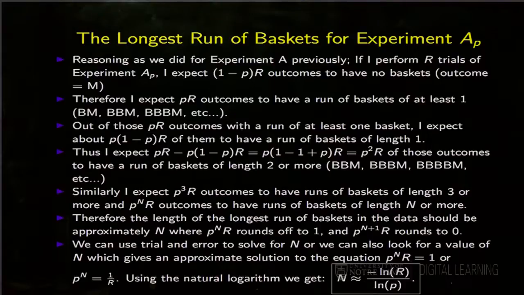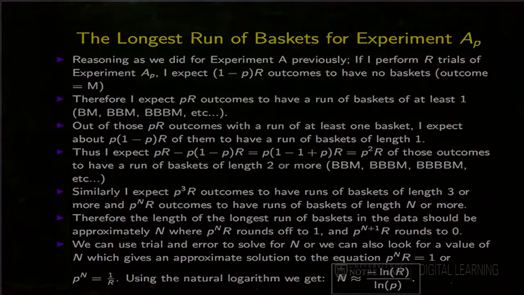Now remember, I'm running R trials of experiment AP here. It's not the same as taking R shots. And also remember that natural logarithm function you can find on any scientific calculator. And so you can calculate this even if you don't see how I've solved it.